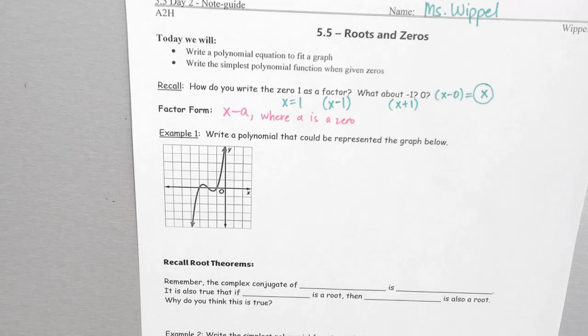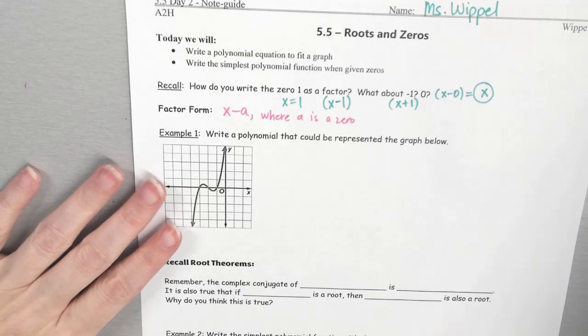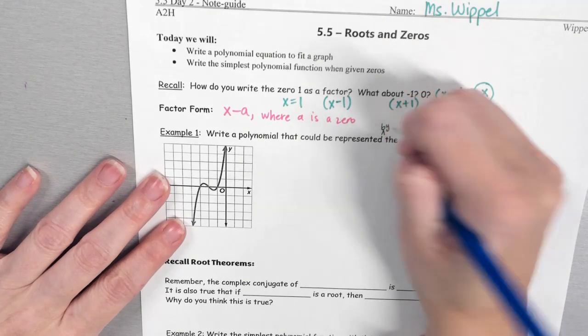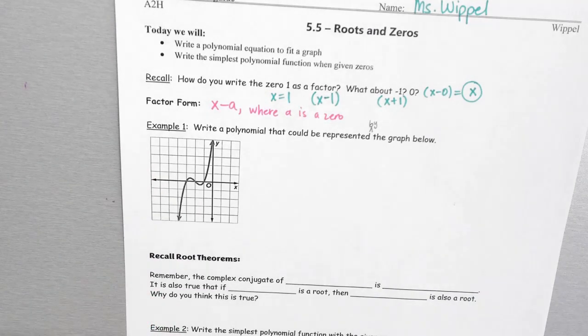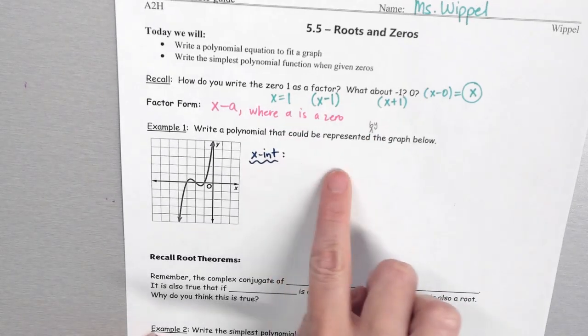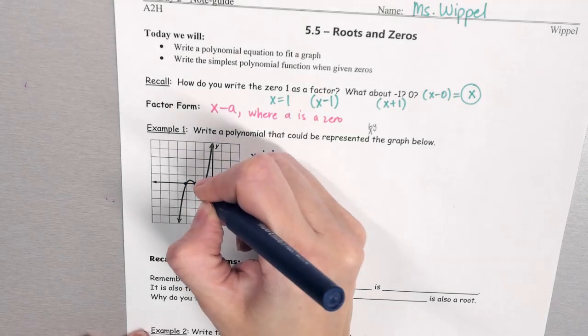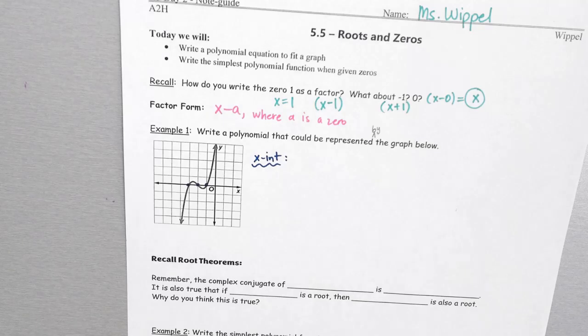Okay? All right, so for example 1, we're going to write a polynomial that could be represented by the graph below. So the first thing we're going to do is pick out our x-intercepts from the graph. So I want you guys to find those and then just write them here. Okay, so what are your x-intercepts?